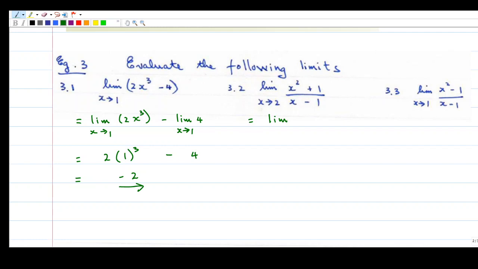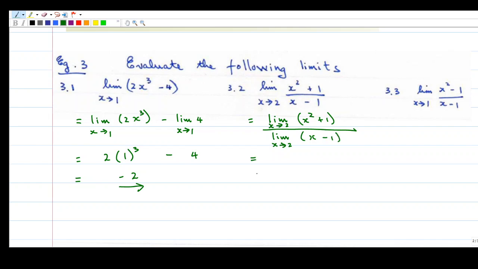So it's the same as the limit as x approaches 2 of the numerator over the limit as x approaches 2 of the denominator.